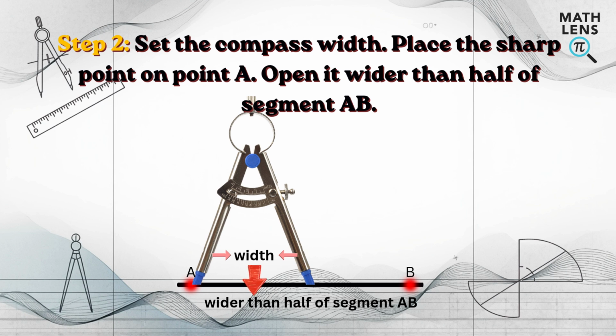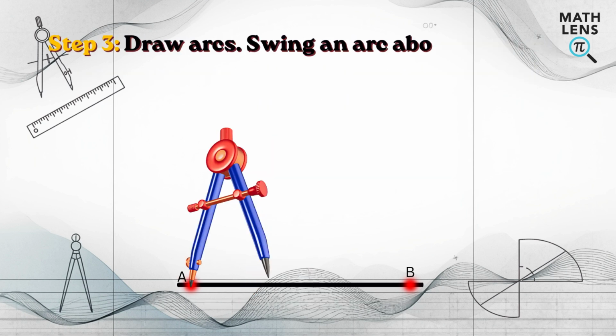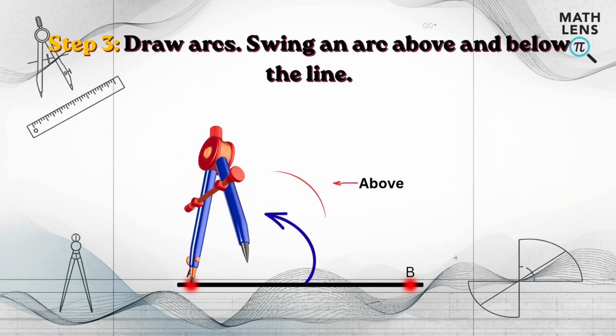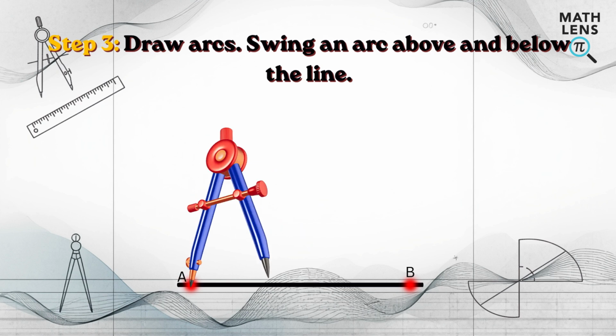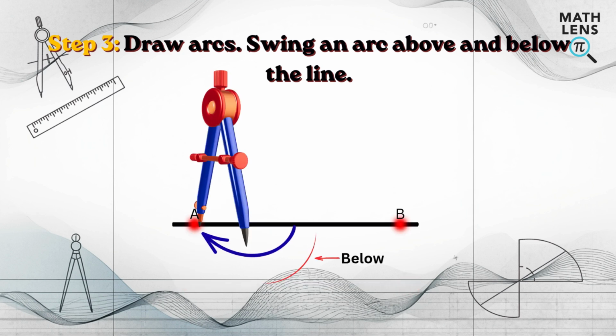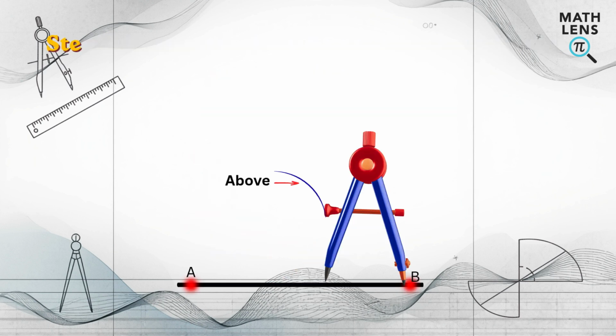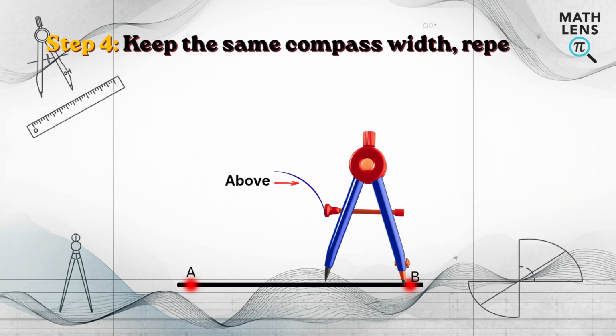Step 3. With the sharp point still on point A, you'll swing an arc above the line segment AB, and then another arc below it. Once these arcs are drawn, we will be ready to move on to the next step. Step 4. Here, you'll want to maintain the same compass width that you used in the previous step. This is crucial for accuracy.